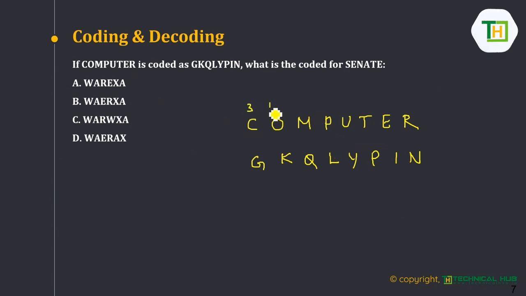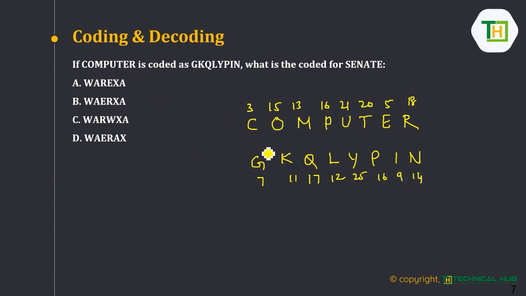This is 3, 15, 13, 16, 21, 25 and 18. Here also this is 7, 11, 17, 12, 25, 16, 9 and 14.